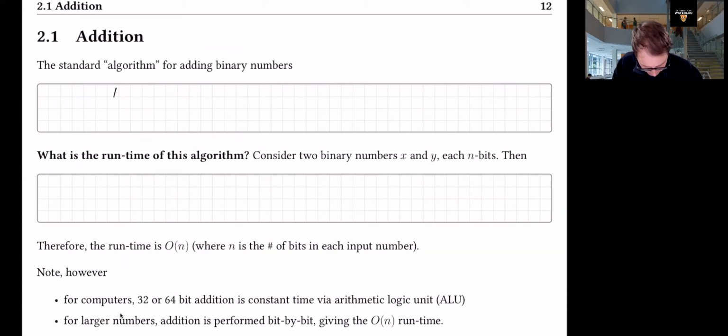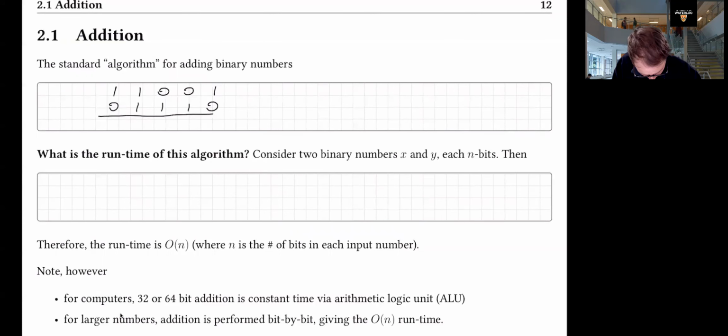One of them is 11001, and the other is 01110. The first number is 25, and the second number is 14. To add them, you just add the column and then you carry if you get a number that's not a 0 or a 1.